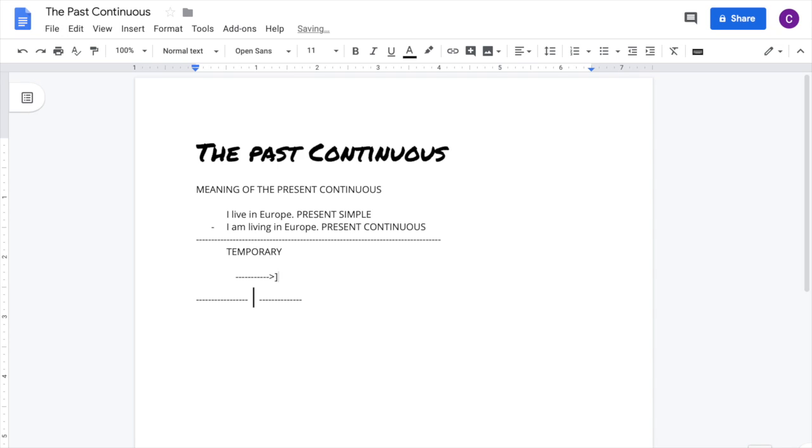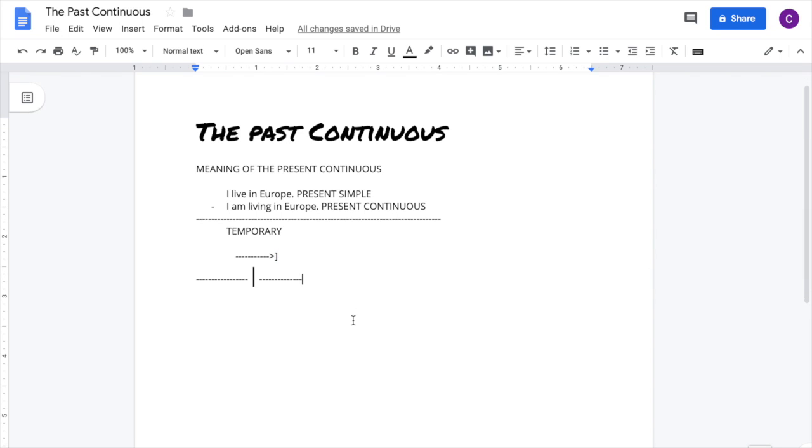And we'll put this bracket here to show that this is a temporary thing. This is something that has an ending. Now that's the present continuous again. Now the past continuous is going to be exactly the same, like I said, but instead of being at the present moment, it's a temporary thing at a past moment.